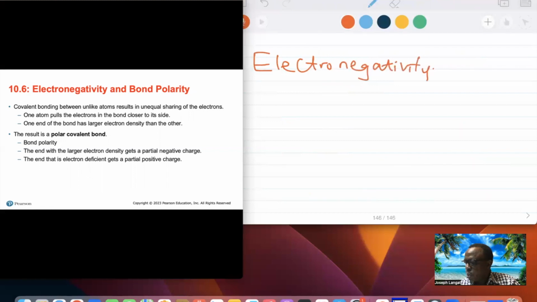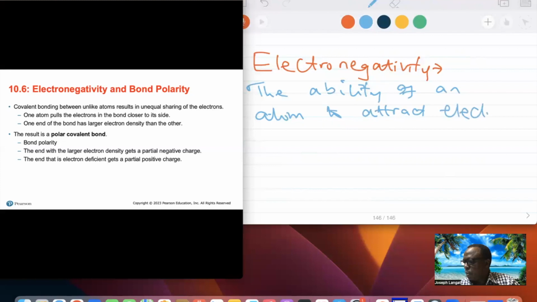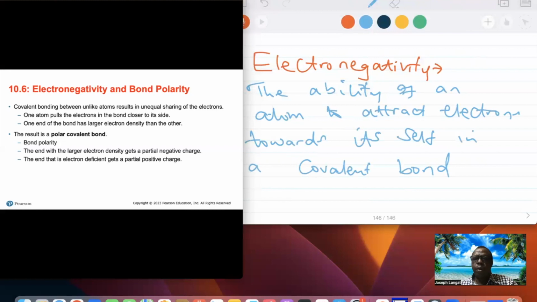Electronegativity is the ability of an atom to attract electrons towards itself in a covalent bond. This is the definition of electronegativity.